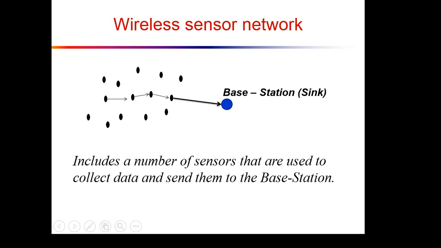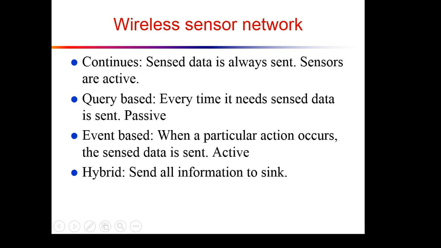The base station gathers the information from the sensors, processes it, and makes decisions about the operation that each sensor can do. The network includes a number of sensors that are used to collect data and send them to the base station.